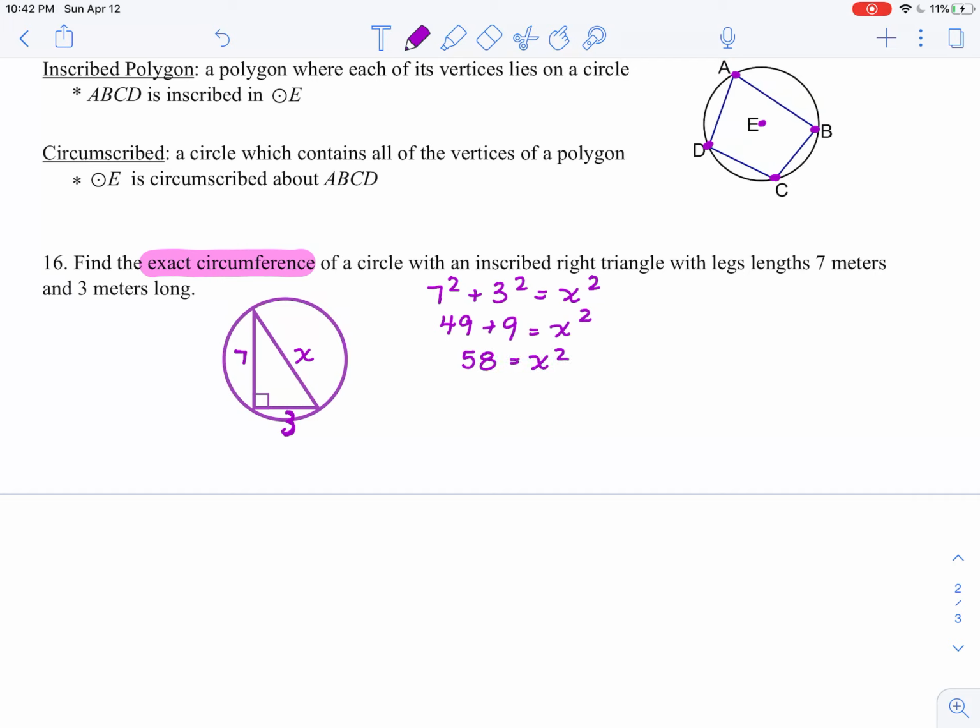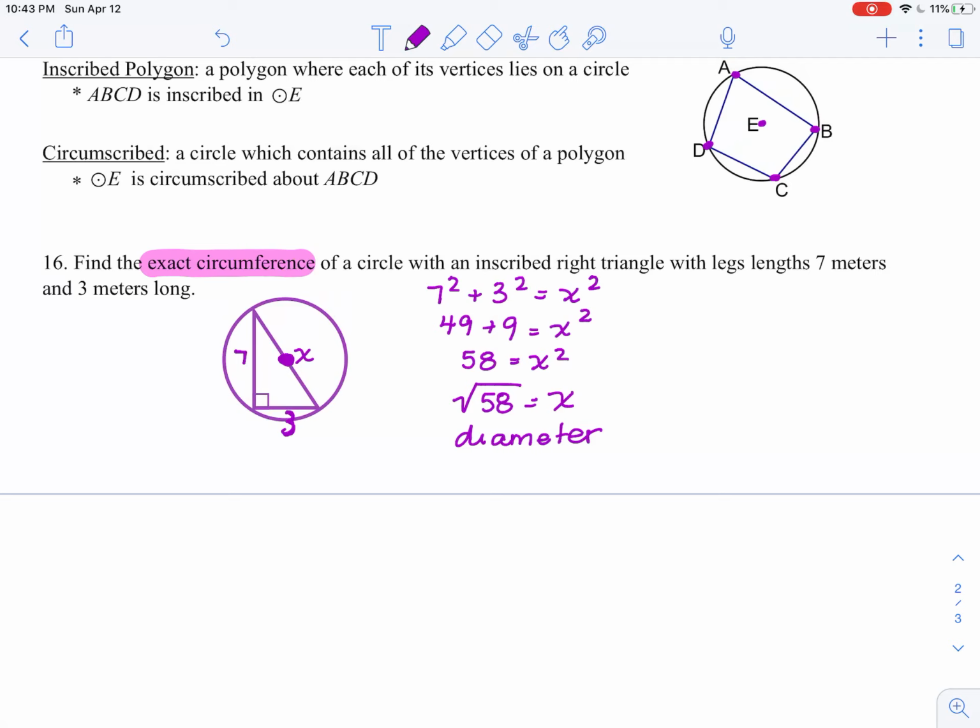Since it said the exact circumference, I'm going to leave this as the square root of 58 equals x. X, the hypotenuse of this right triangle, has to be the diameter of our circle. So once I've found x, I now know that this is the diameter.